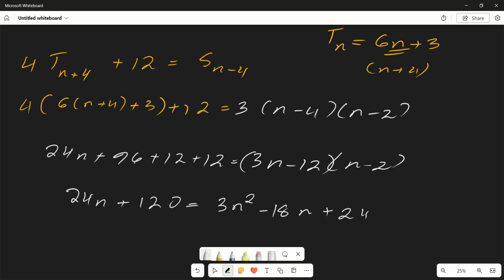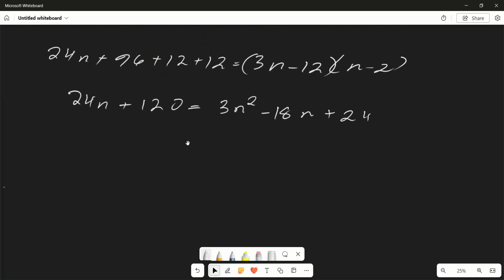So we have got to this point and we can easily do this by forming a quadratic equation. Minus 24 minus 18 would be 42n.